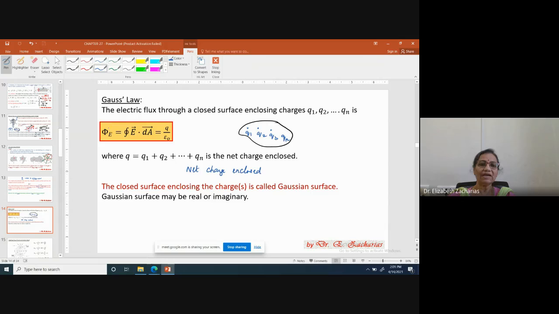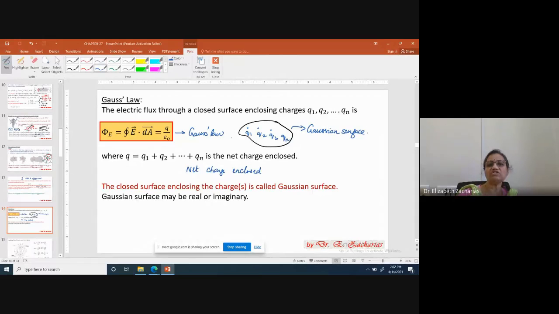This relationship between these two is called your Gauss law. And this closed surface we kept talking about is called your Gaussian surface. Remember, a Gaussian surface may be a real surface, it may be an imaginary surface, or half of it can be real and half of it imaginary.